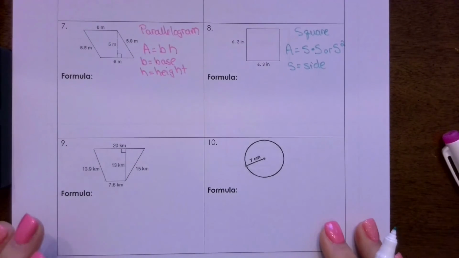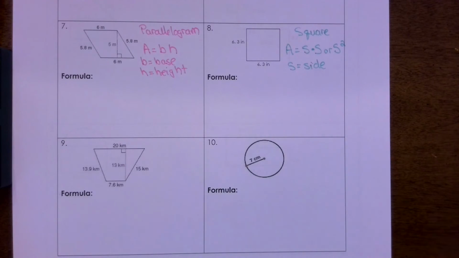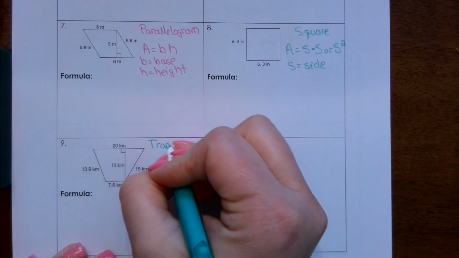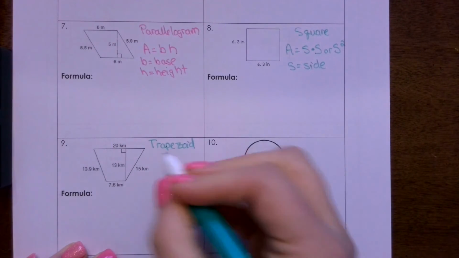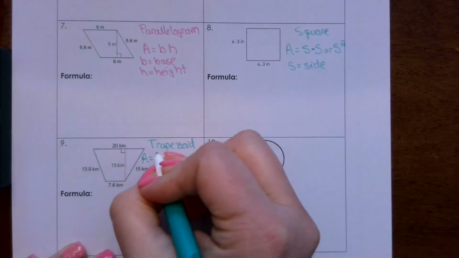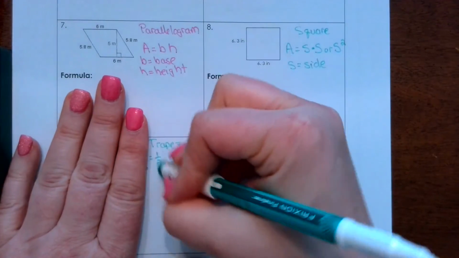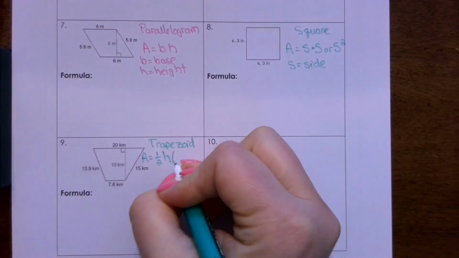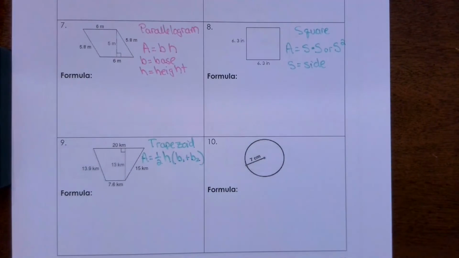Now I have another quadrilateral. There's that one pair of parallel sides. This is a trapezoid. Trapezoid has what I consider the most fun formula, and that is area equals 1/2 times the height times, in parentheses, base 1 plus base 2.